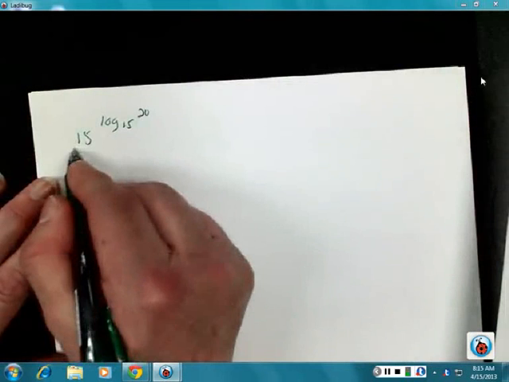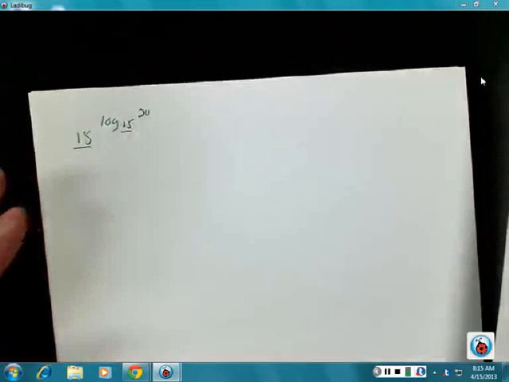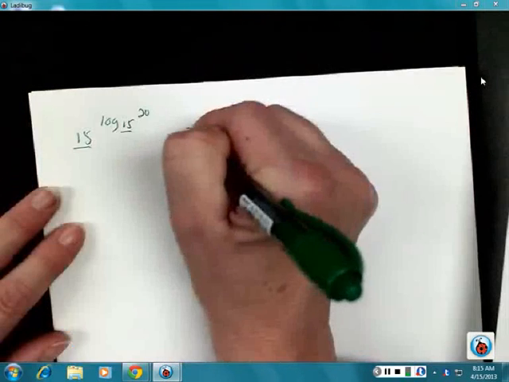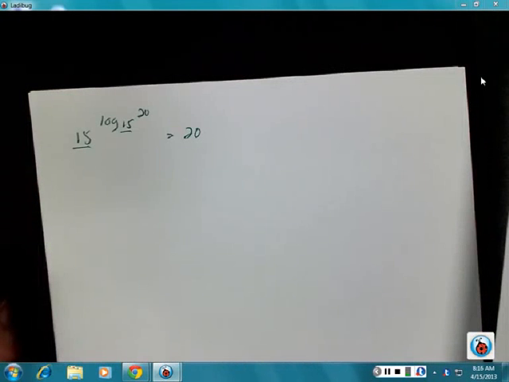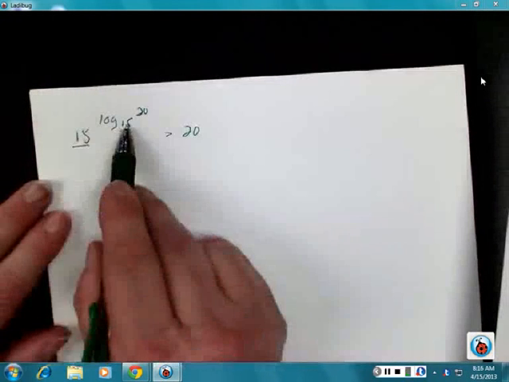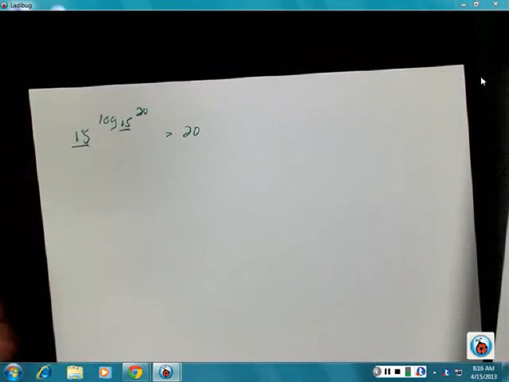Well, notice this and this are both 15s, so my answer to this whole thing is simply going to be 20, if I can recognize that. And they're always in the same pattern. It's not like they give you different pieces in here and different parts that are in relationship to that. So they'll all match each other with what you have for those.